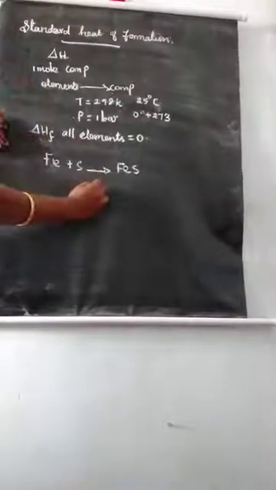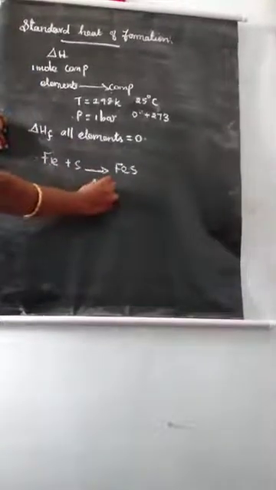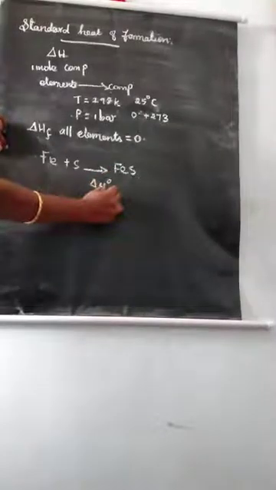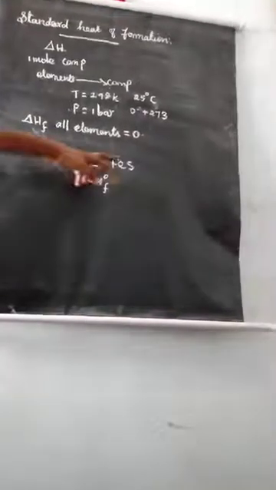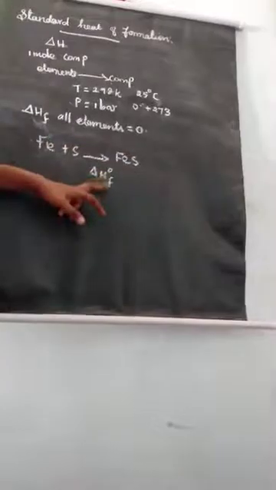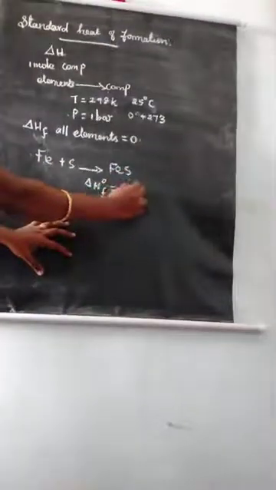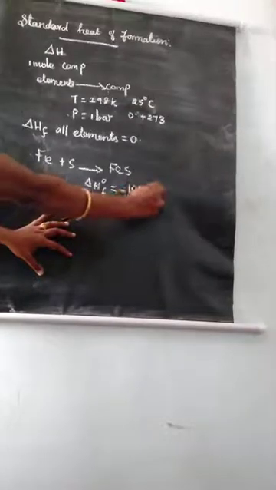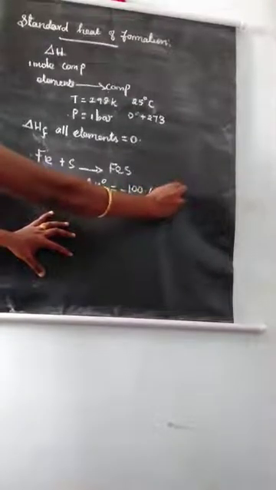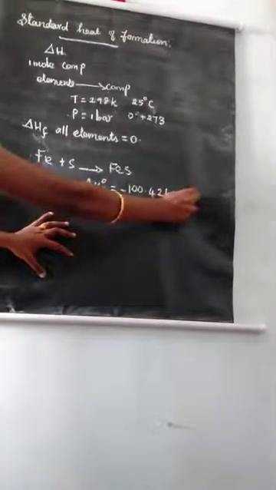Here the change in enthalpy takes place. For iron sulfide, the delta H naught F value is minus 100.42 kilojoule per mole. Understand? And here they have given some more examples.